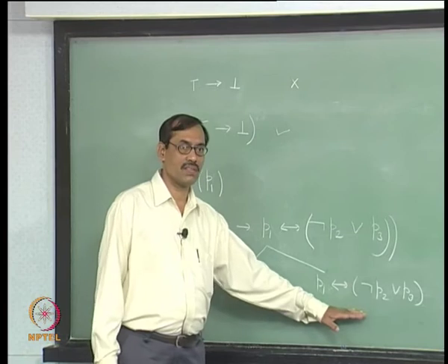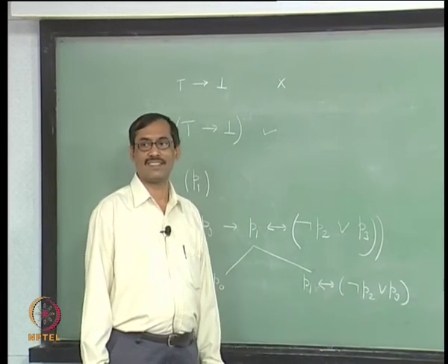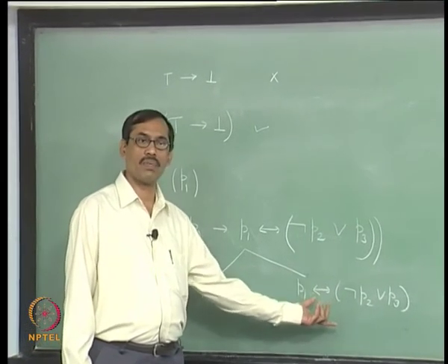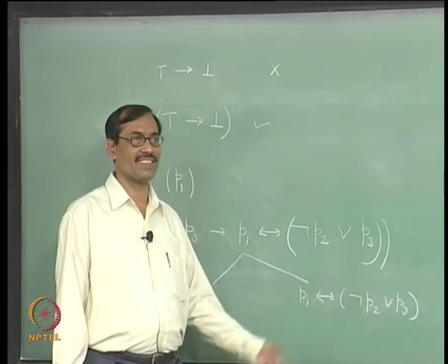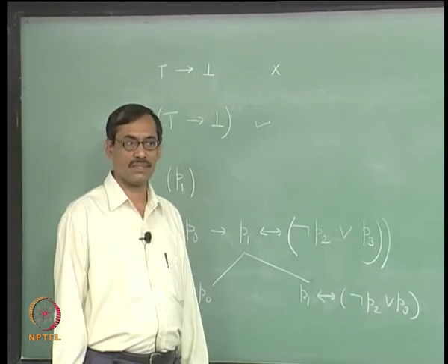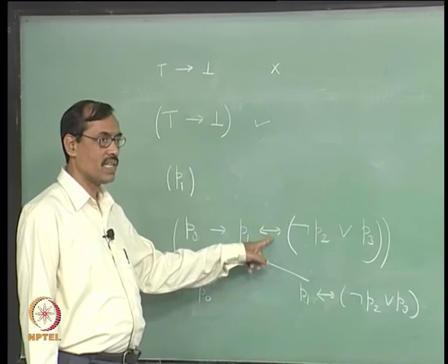Now we come to this place, here I cannot parse it further, because this is neither an atomic proposition nor starting with a left parenthesis, so nothing can be done. I stop there.